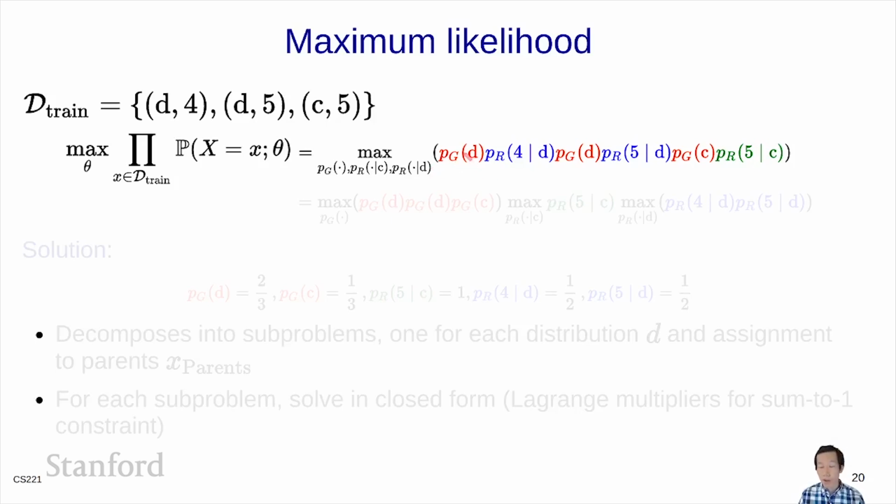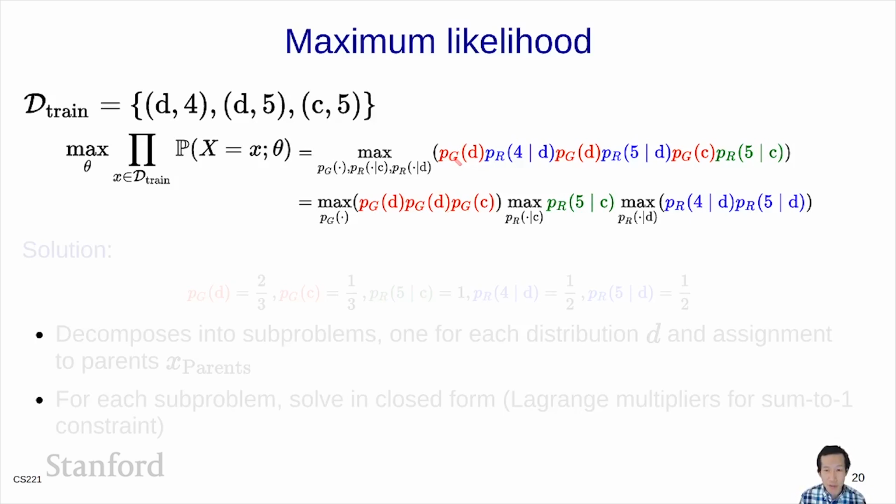And now I've color-coded them on purpose because what we can do is we can shuffle things around. So if you just look at the probability of G, right? I'm maxing over that, and that shows up in these three places, and it doesn't affect anything else. So I can just pull that out, and I can pull the green apart, which is R given C, and I can pull the blue stuff out, and that's maximizing over R given G equals D here.